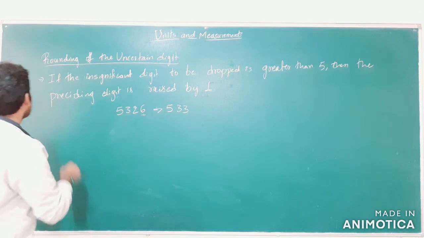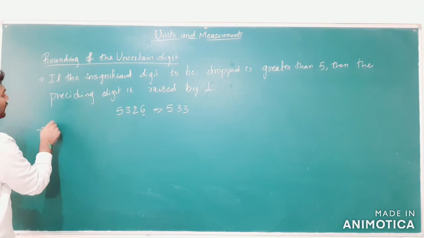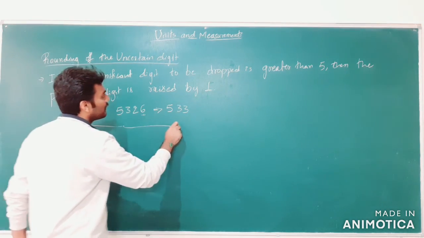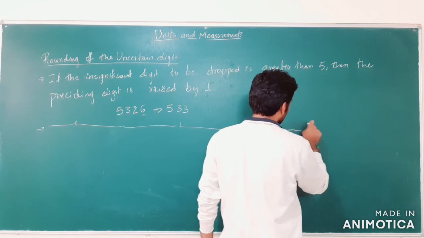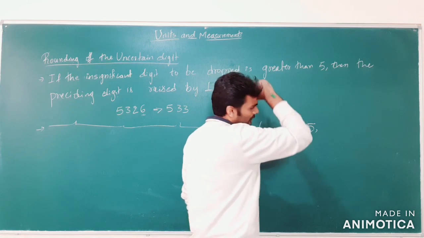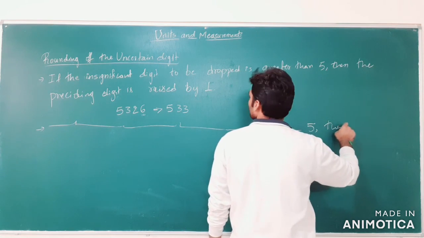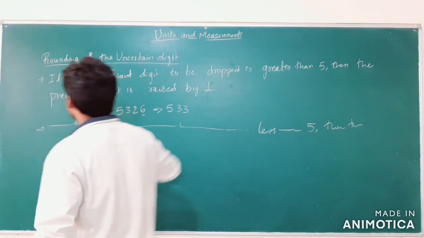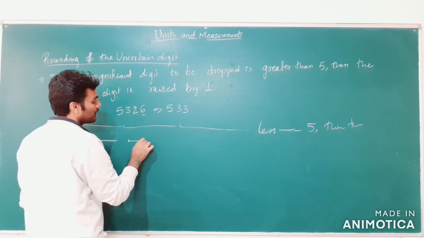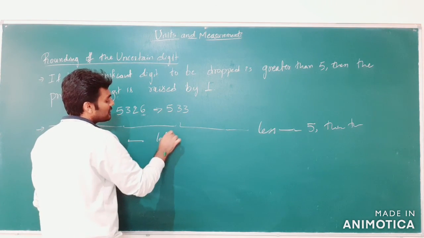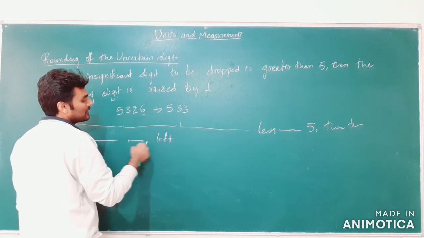Okay, that's it. Next, the same way, if the insignificant digit to be dropped is less than 5, then the preceding digit is left unchanged.